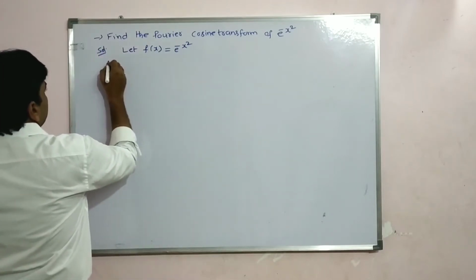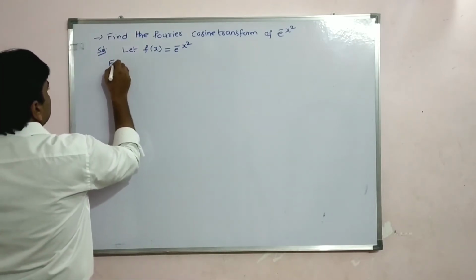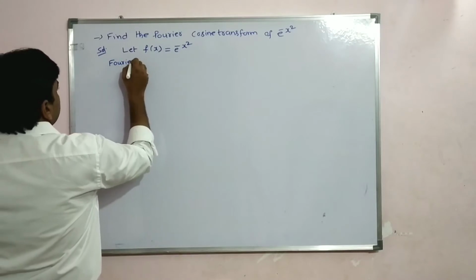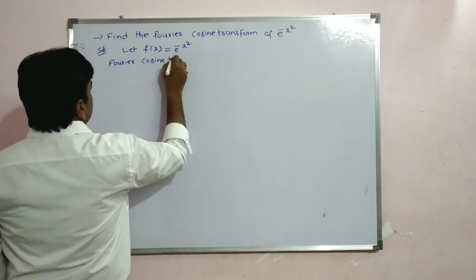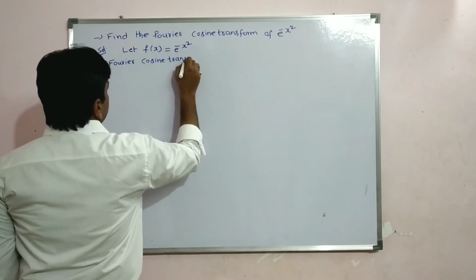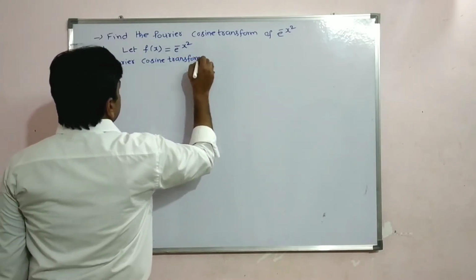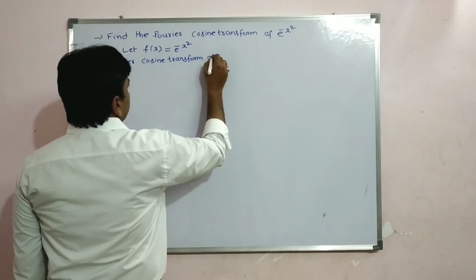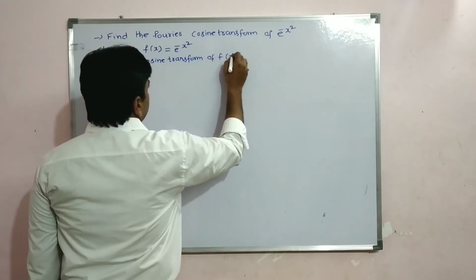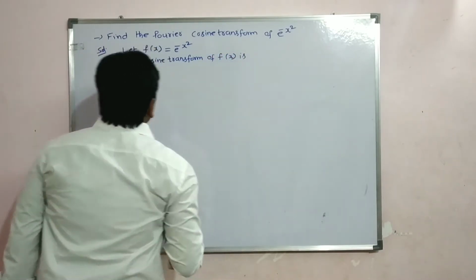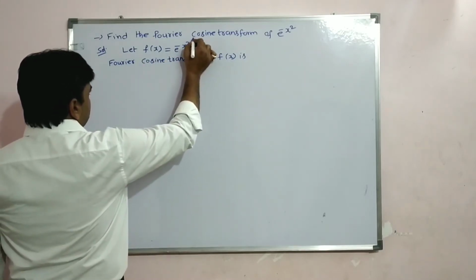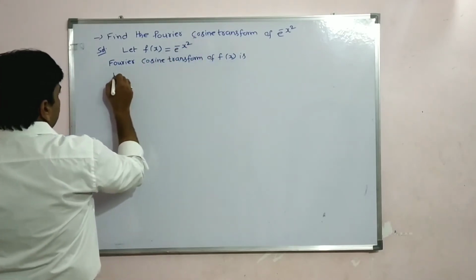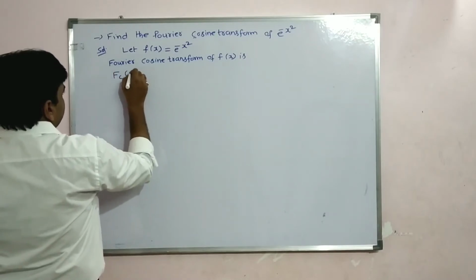So write down the Fourier cosine transform of f of x. See, students, Fourier cosine, what is the first letter? C. So the notation here is Fc of s.